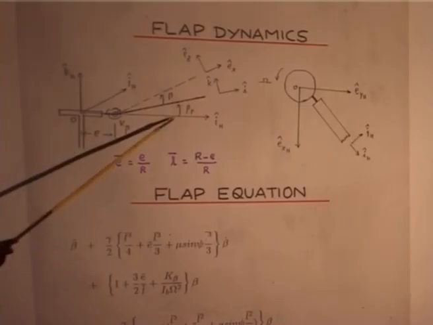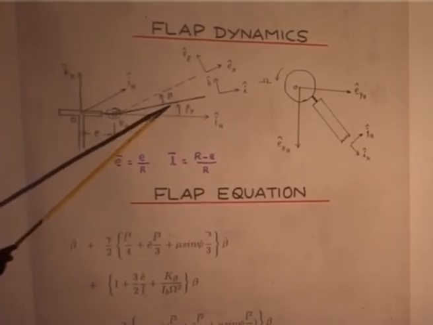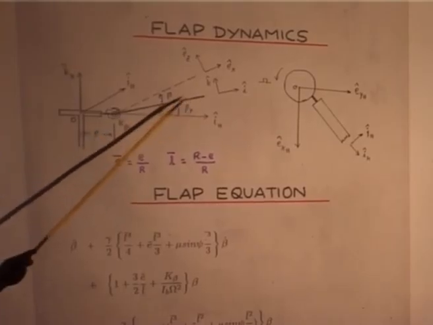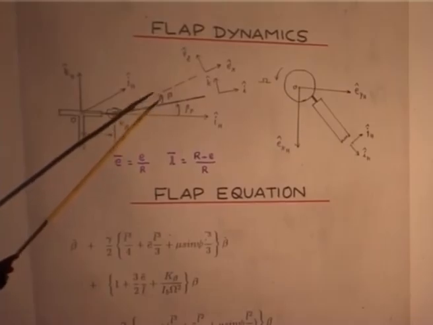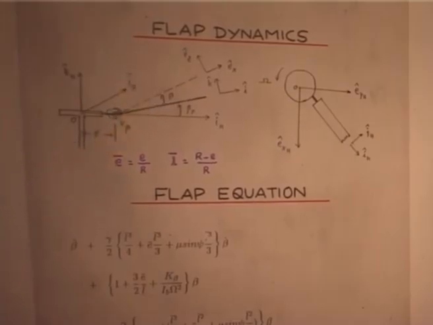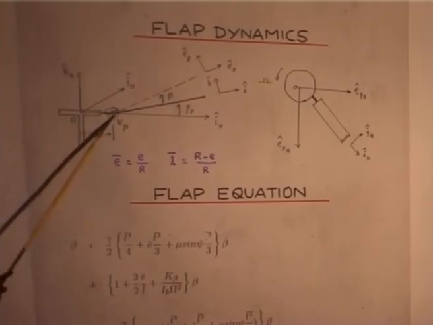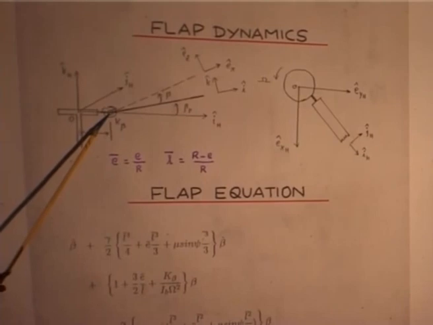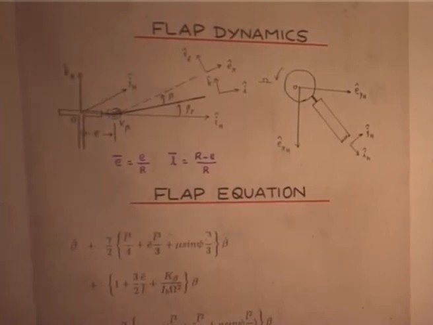I have given a pre-cone, this is the undeformed axis, and from there the blade deforms. So take any point, find out its velocity, find out its acceleration, then take the inertia force, then balance the root moment about this point because here is the root spring. Balance the root moment, take the aerodynamic load, and you will have the equation.